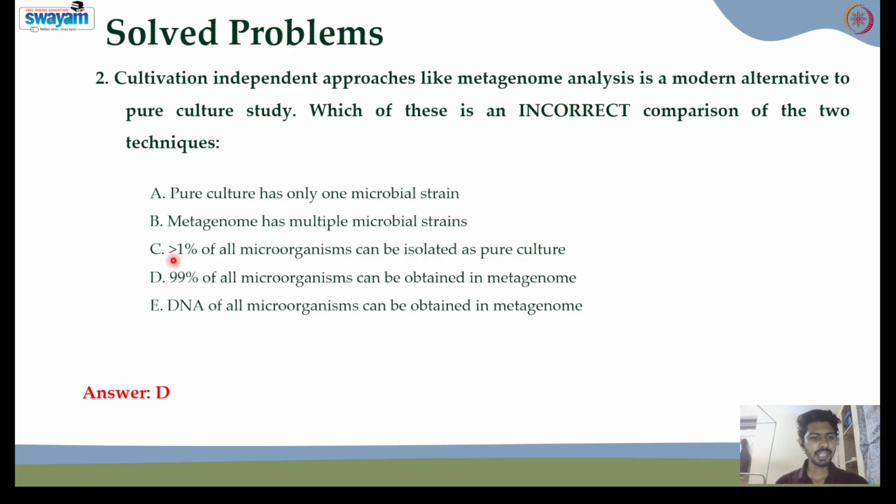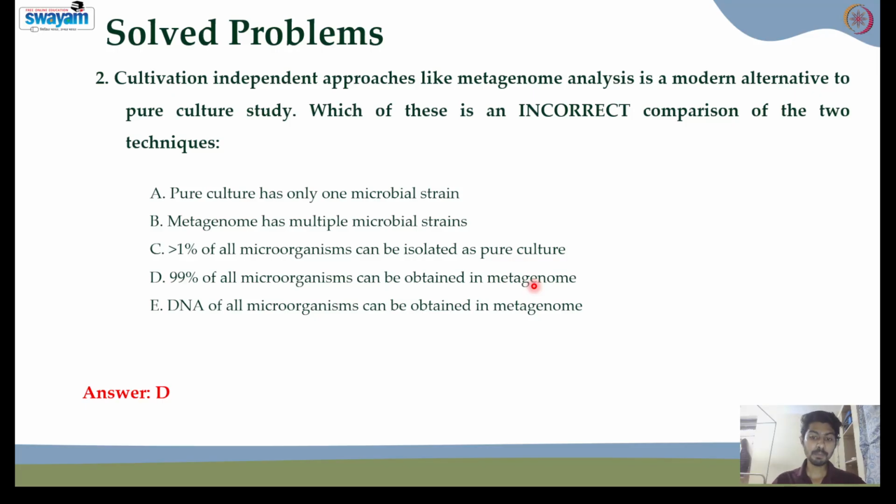But 99% of all the microorganisms can be obtained is an incorrect comparison, because in a microbial community there are millions of microorganisms. Unless we could extract the DNA of these microorganisms, we could not achieve this metagenome. So that is why it is an incorrect comparison.